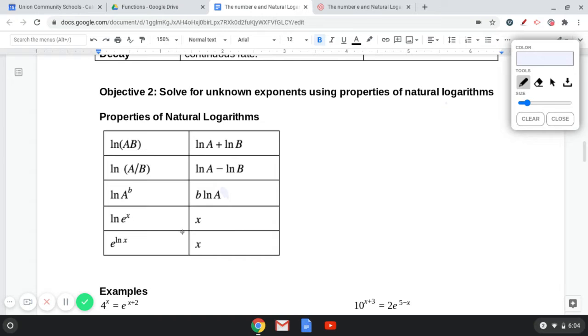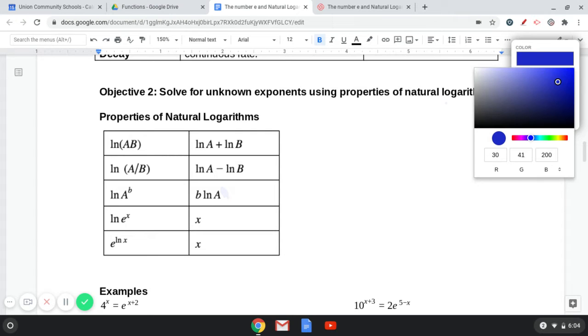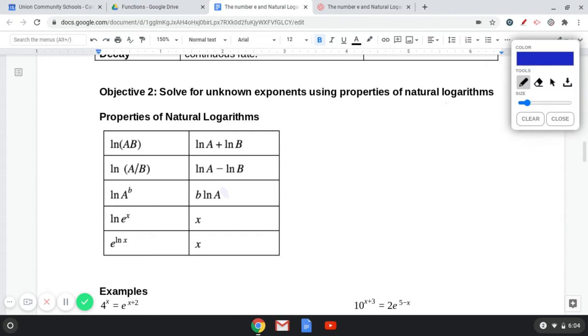All right. Natural log of e to the x. We're going to talk about this one. Using this rule above, natural log of e to the x equals, we can pull this x out. This is just x times the natural log of e.